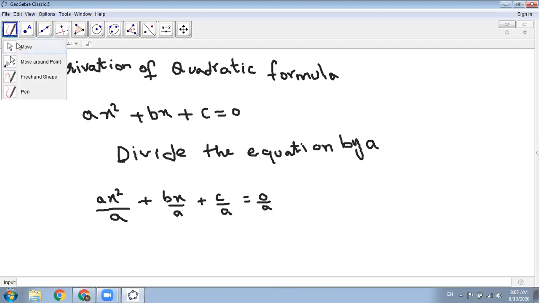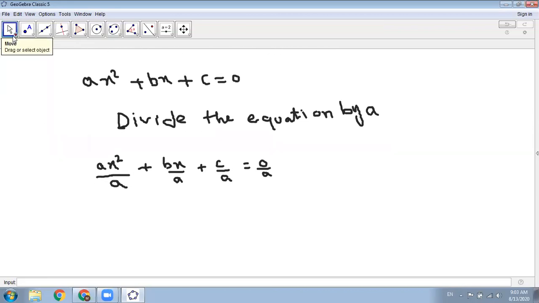So after that we get, here a cancels, x square plus bx upon a plus c upon a equals to 0, because 0 upon a means 0.